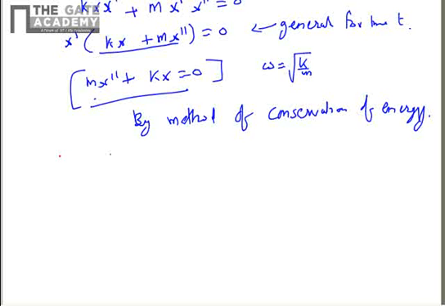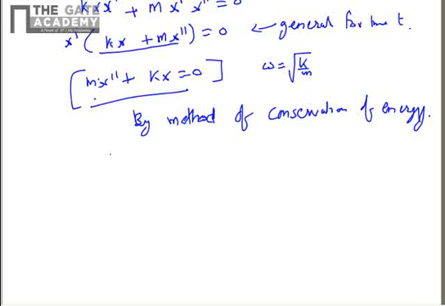This method will come in handy in some special problems where it is just too difficult to do a force balance analysis. There you can quickly get the equation of motion by using the conservation of energy.